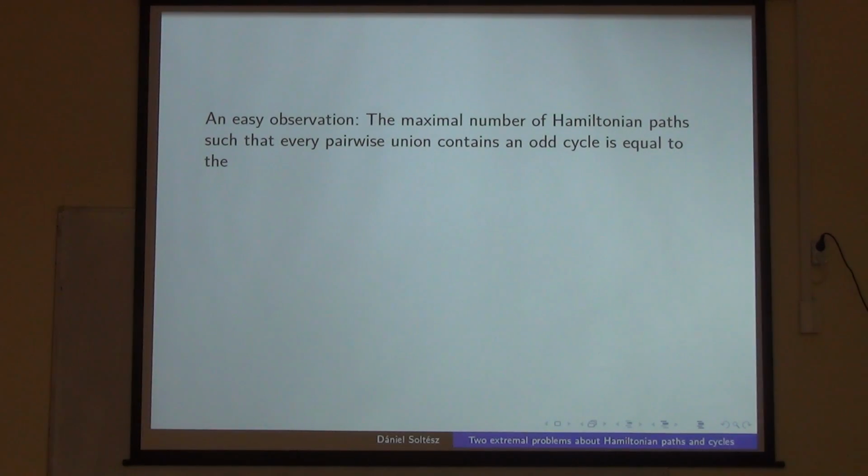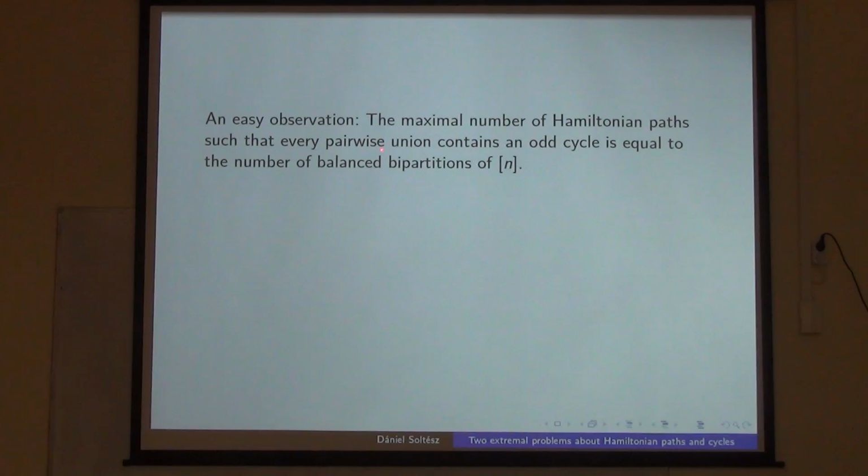What is this number? It's very easy. You prove it in less than a minute. It's the number of balanced bipartitions of n, which is roughly the middle binomial coefficient. Why is this true?